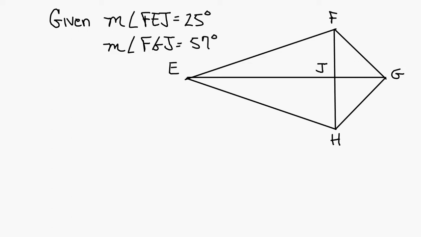So FEJ, that's right down here. This is 25 degrees. And FGJ, F to G over to J, is 57 degrees.